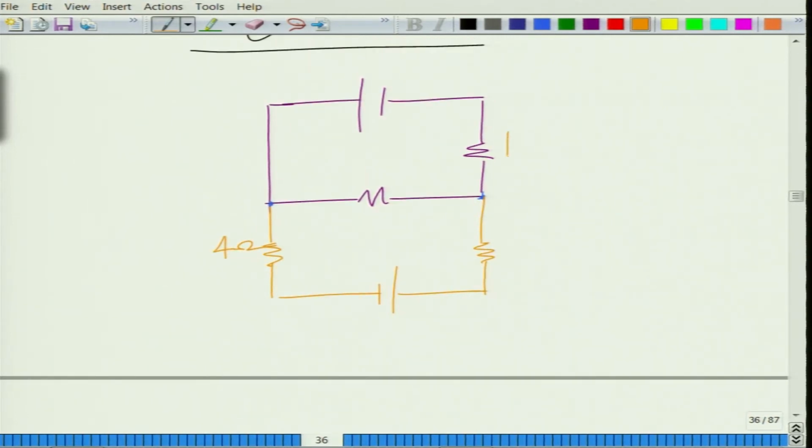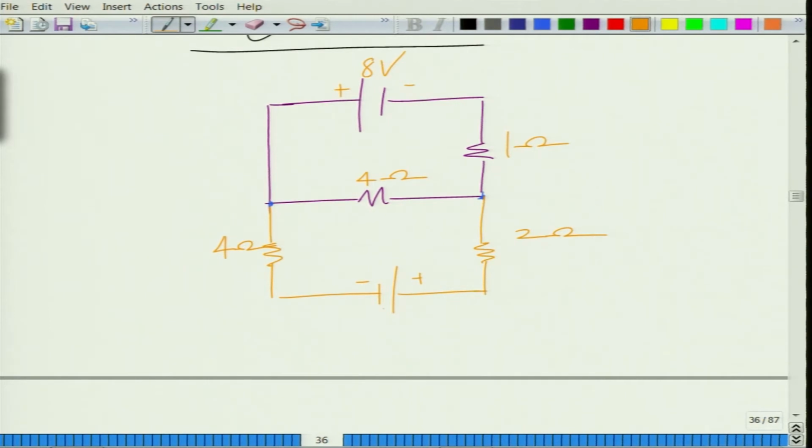These are the resistances. This is a 1 ohm, this is a 2 ohm, this is again a 4 ohm, and this is an 8 volt, and this is a 4 volt battery, right.